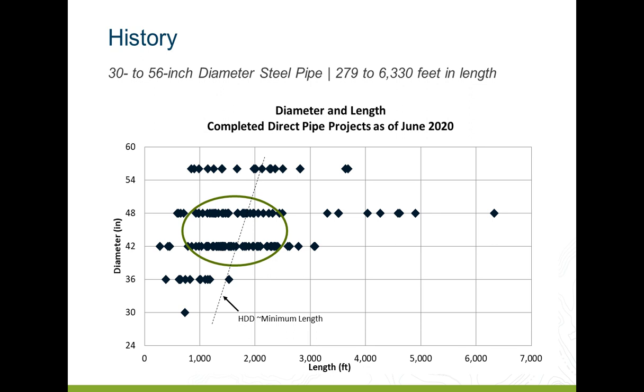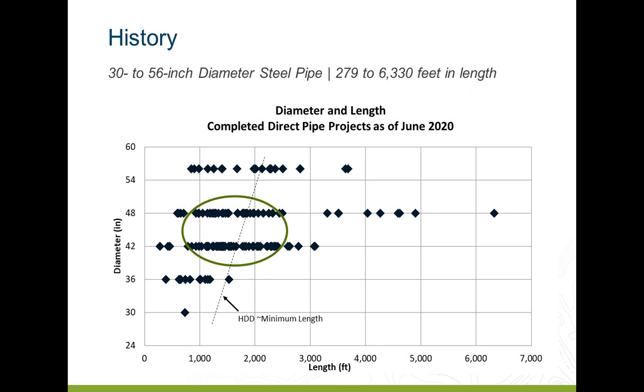And we see that there's a preponderance of the installations in the 800 or so feet to 2,500 feet or so range, at 42 and 48 inch. I don't know if that's because there was more 42 and 48 inch pipe going in the ground, or if that just is a real sweet spot for direct pipe, but I thought that was interesting to note the amount of data that's clustered in that area.